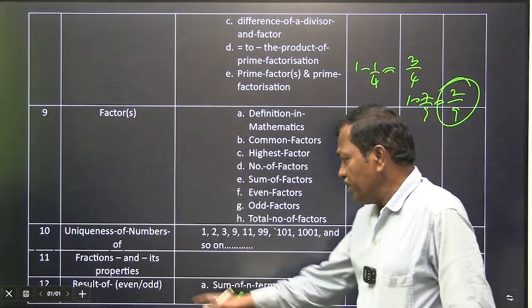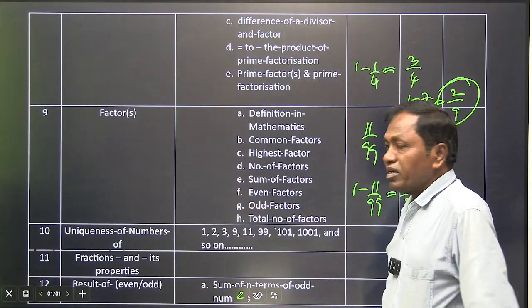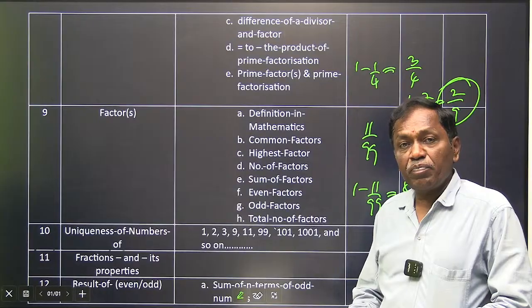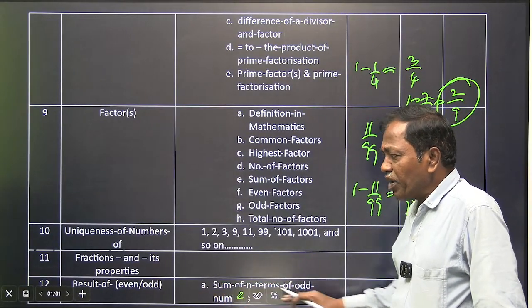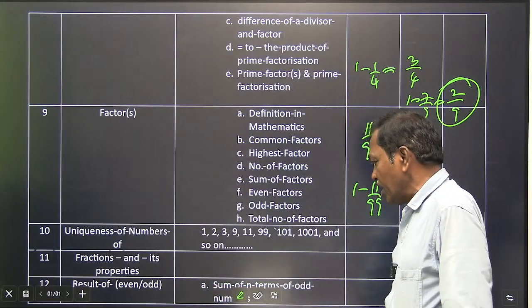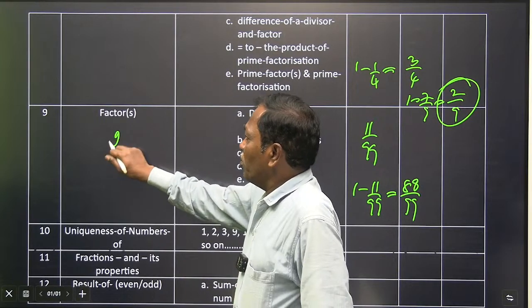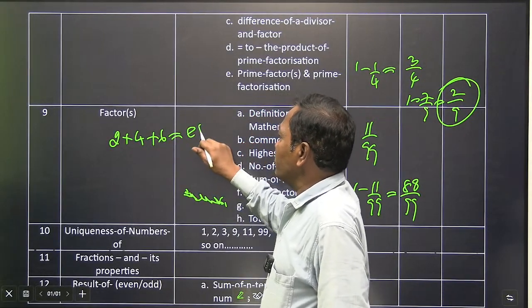And the result of even and odd numbers. See the sum of odd numbers and sum of even numbers and product of even numbers and product of odd numbers. In every paper you will see 1 or 2 questions happening here. Say for example, 2 plus 4 plus 6 is always an even number.